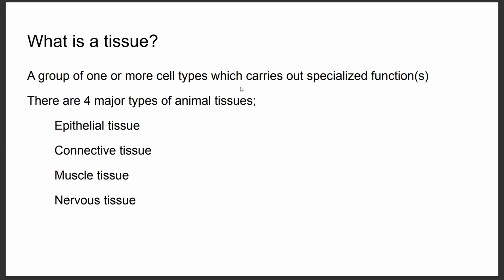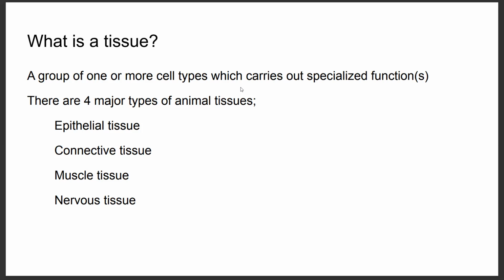If there are spaces between cells, what will happen? Our skin is composed of epithelial tissue. If there are gaps between the cells, all pathogenic microorganisms can enter into our body through those gaps. What is the major function of our skin?